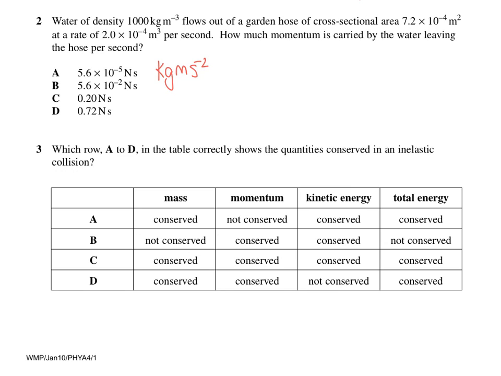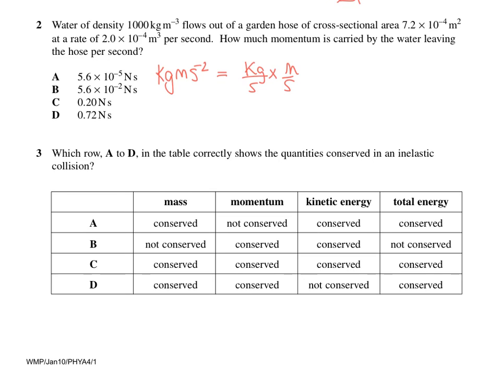The way we're going to get that is we need the mass per second, and we're going to times it by the velocity, the meters per second. So what we need to do first is work out what the velocity is.